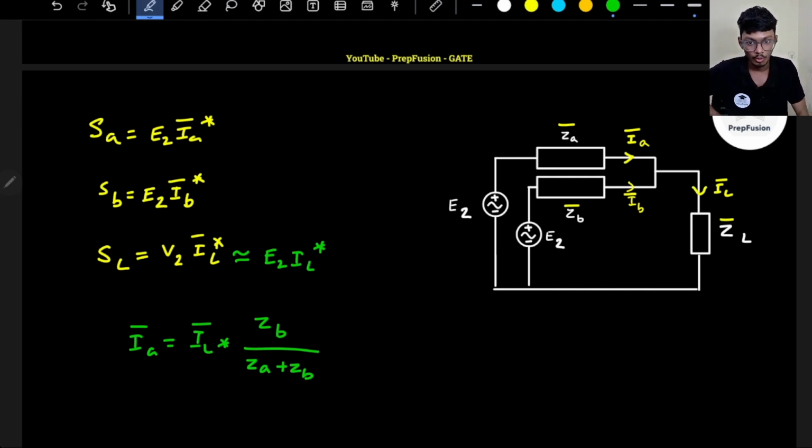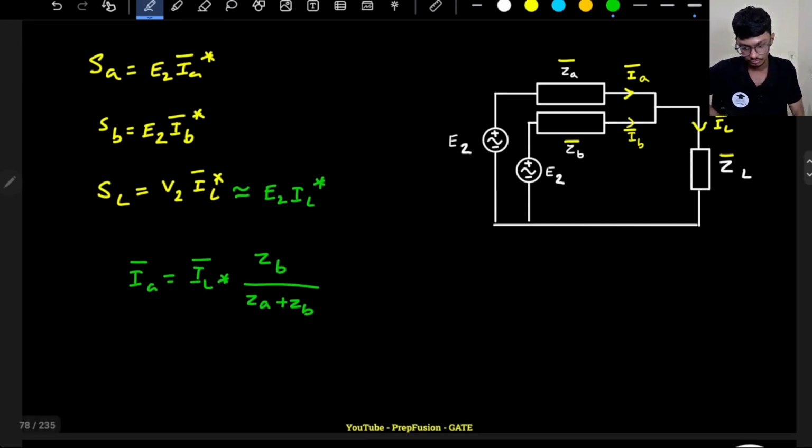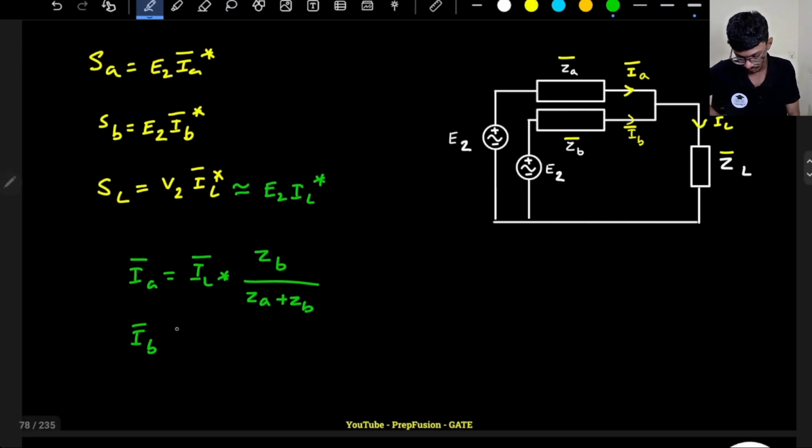Got it? What about IB? IB will be again IL into the opposite impedance, so it will be ZA divided by ZA plus ZB.